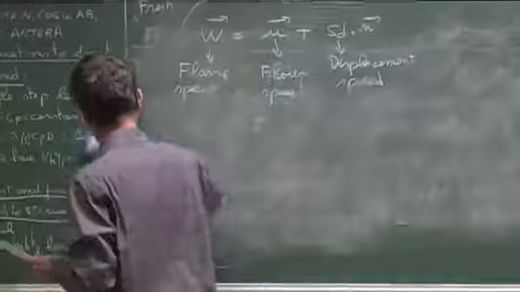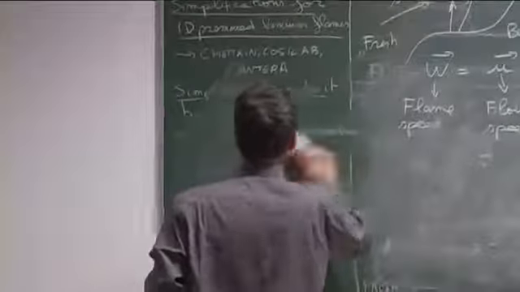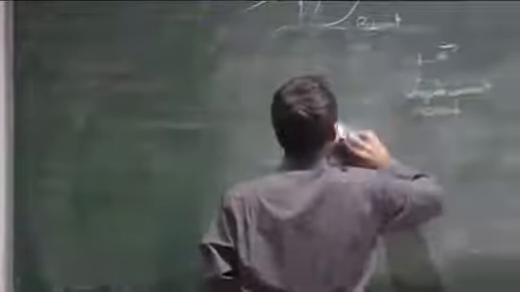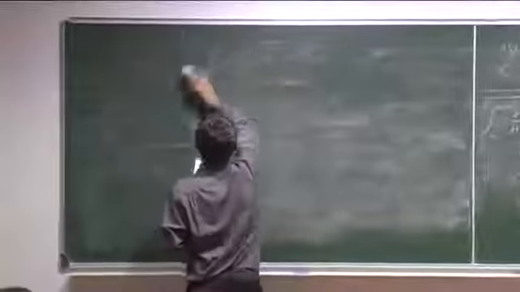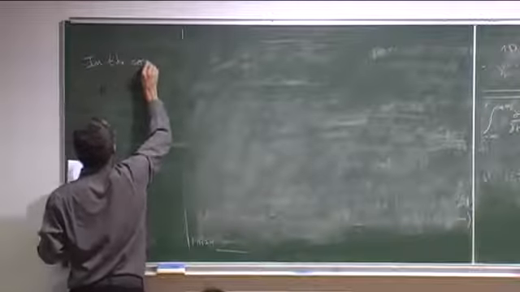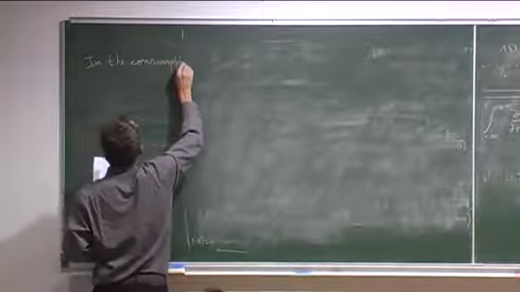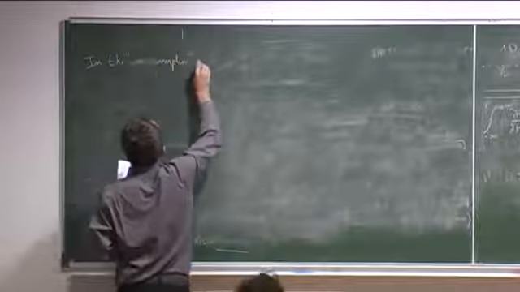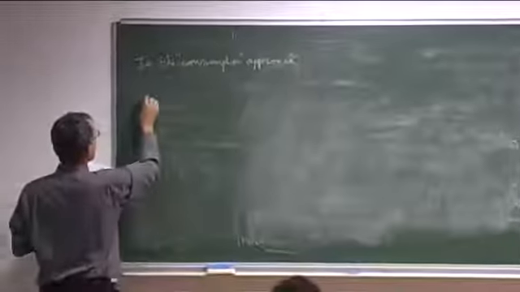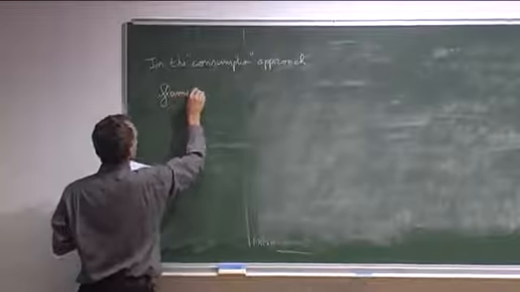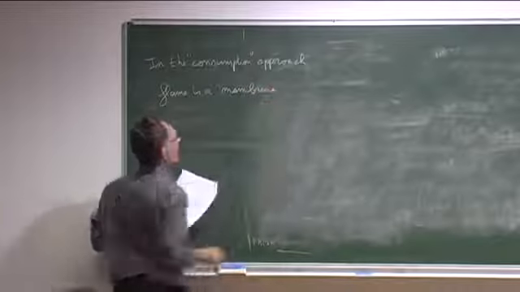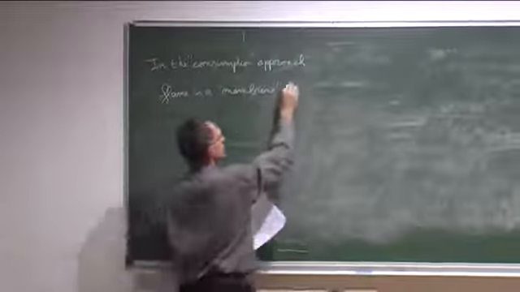Why is it simpler? Well, a very simple way to understand flame speed in the consumption approach, you can imagine that a flame is like a membrane through which you have a flow field.